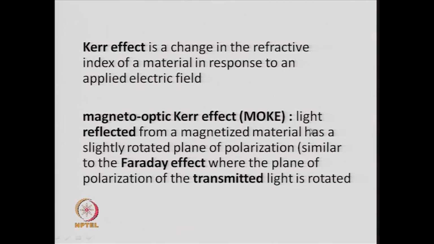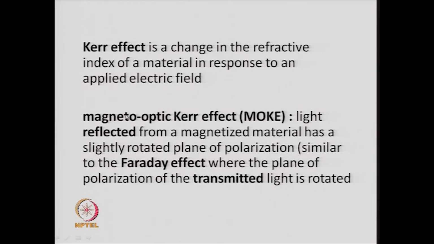In that, light reflects from a material, and it can be of two types actually. In the magneto optic Kerr effect, either you look at the light reflected from a magnetized material, or the Faraday effect, where the plane of polarized light of the transmitted light is rotated.